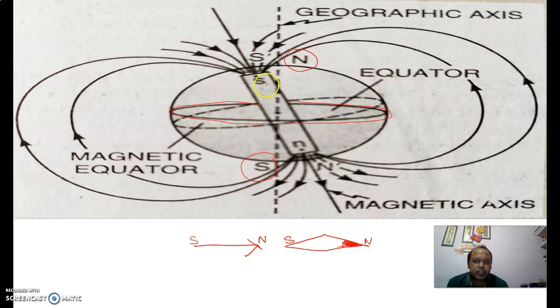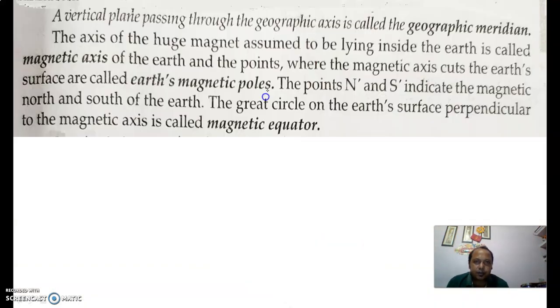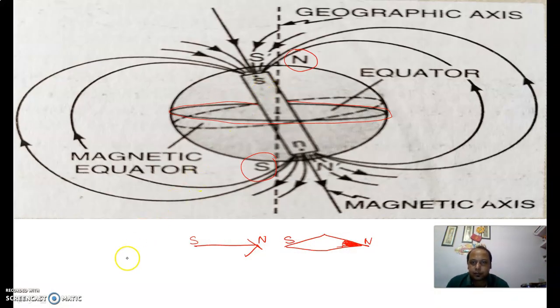Now at the equator, if we place a magnetic needle which is free to move in the horizontal plane, it will align itself in the north-south direction, where the magnetic north of the needle will be attracted towards the geographical north.